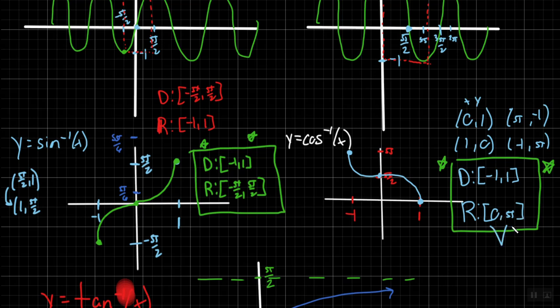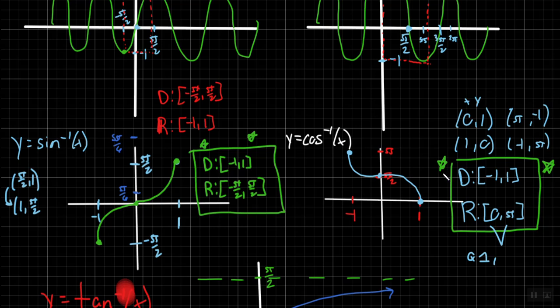Kian, what quadrants am I in if I go from 0 to pi? Quadrant 1 and what else? You just went from 0 to 90. I want to get all the way to pi. Pi is all the way over here. So we're talking about the inverse of cosine. It has a restriction.